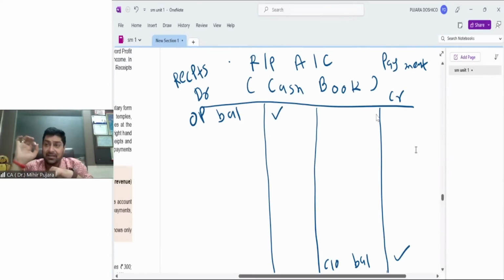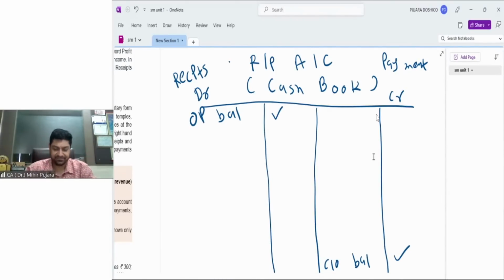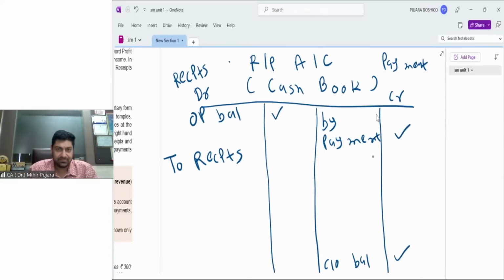Now, guys, very important point. Please write very properly. Here we are writing all receipts, and here all payments.